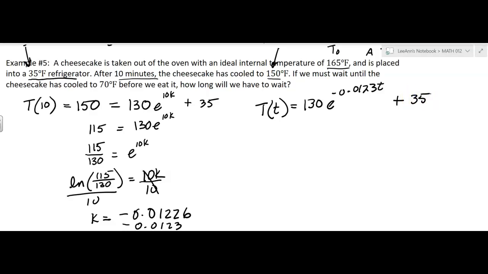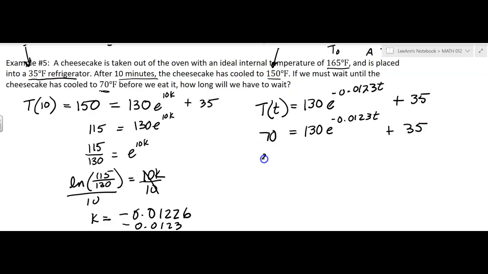Now what's the question? Now we have a formula. It says we must wait until the cheesecake has cooled to 70 degrees. So I need my output to be 70. And I want to know how long that's going to take.